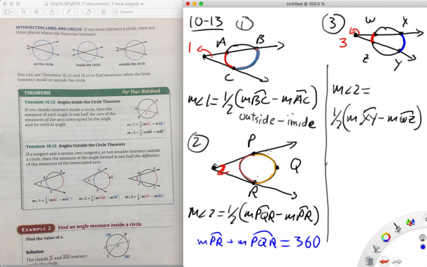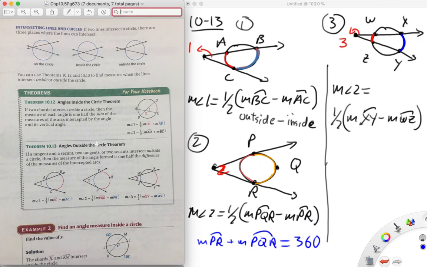So when you have case number two, tangent lines intersecting outside, if I add the two arcs, the inside and outside, I'm going to get 360 degrees. And that's going to come in handy when we start doing one of the problems.